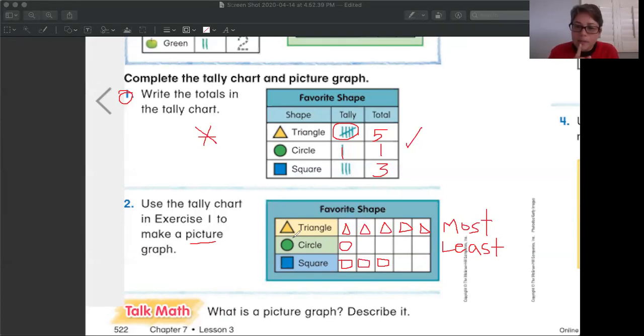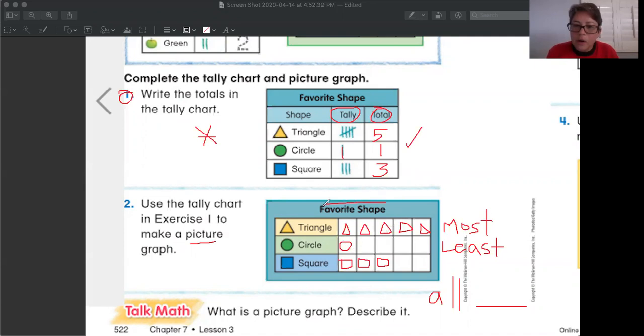Now I can also ask you, how many kids did we ask? And that would be in all. In all, how many kids did we ask? Let's find out. So you have 3 choices. You can count the tallies, you can add the numbers, or you can count the shapes here.